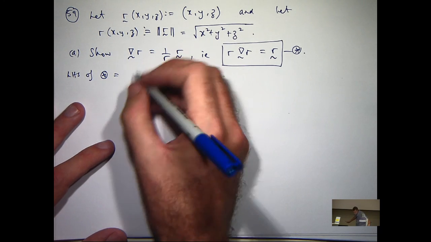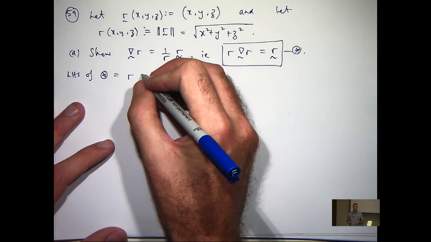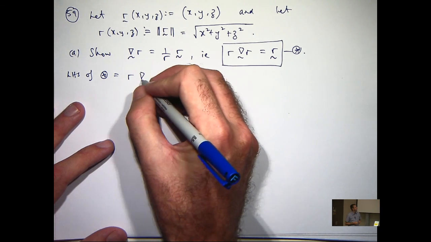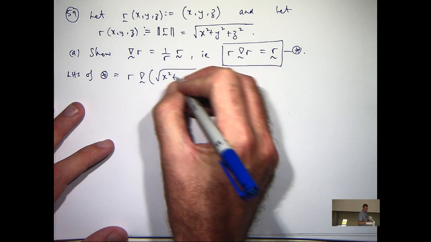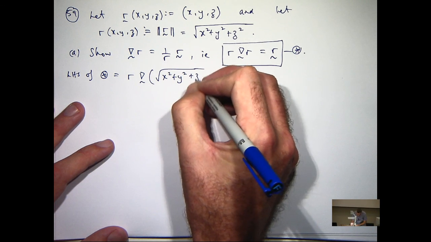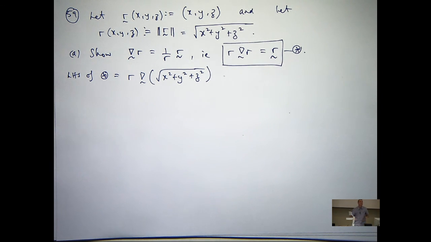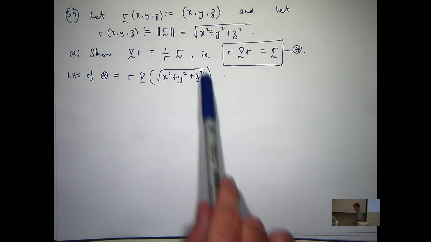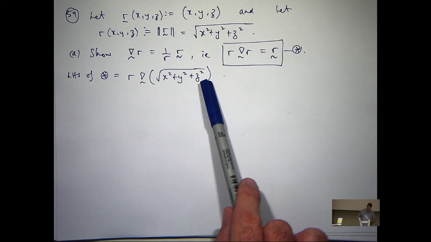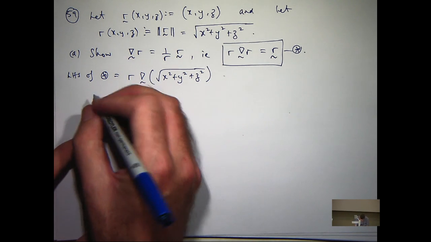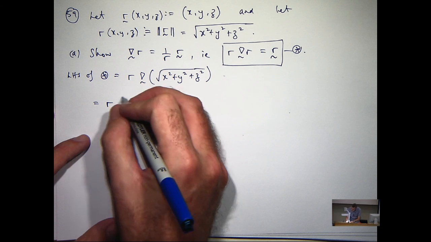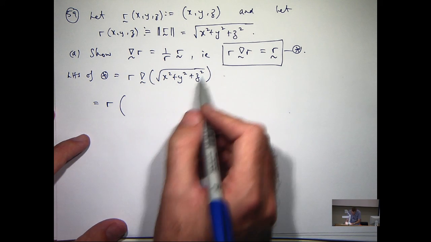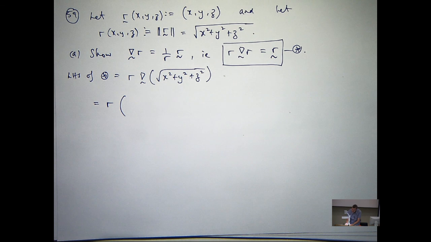So I'm just going to work with the left-hand side and show that it equals the right-hand side. So it's R times the gradient of this. What I want to do is apply the gradient operator, or the del operator, to this and form some sort of vector. So I'm going to leave that R there for now. I want to take the partial derivative of this with respect to x, that'll be my first component. Derivative with respect to y, that'll be my second component.